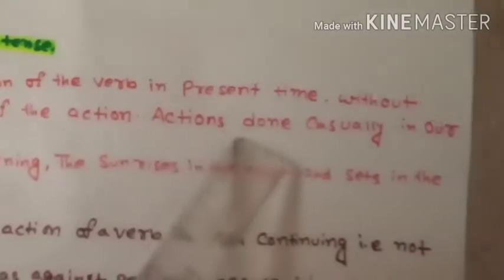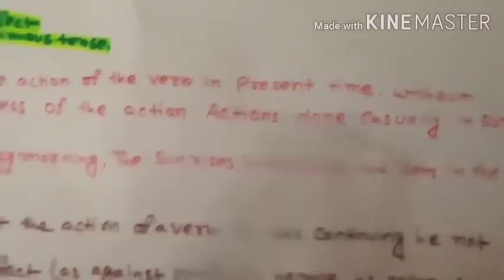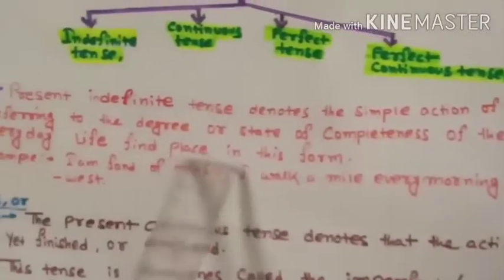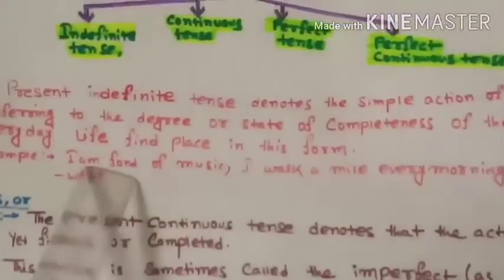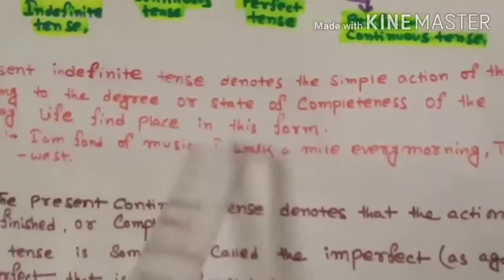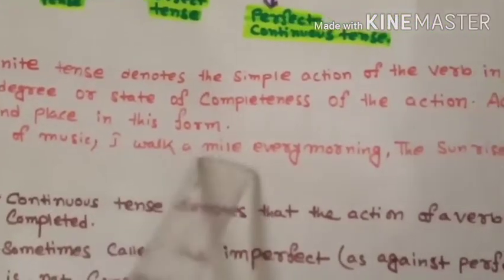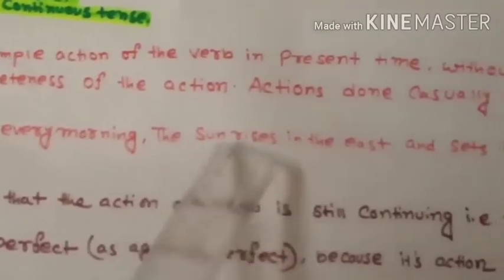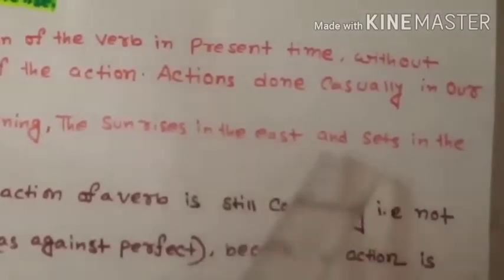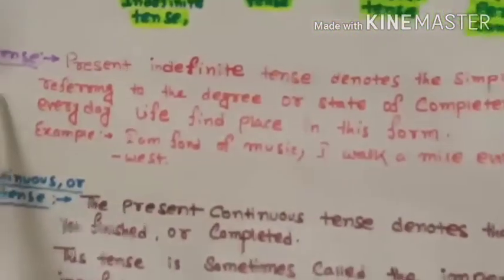Actions done casually in our everyday life find place in this form. For example, you can say, I am fond of music. Second example, I walk a mile every morning. And the third example is, the sun rises in the east and sets in the west. So all of these are examples of present indefinite tense.